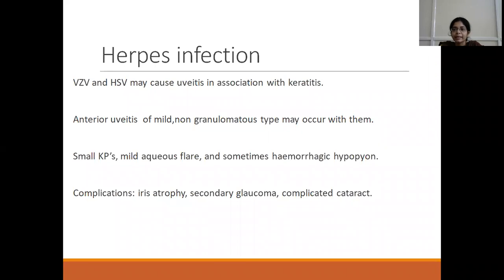But if there is a very active geographic ulcer or dendritic ulcer which is staining positive for fluorescein, you would not use steroids until there is epithelial healing. Otherwise, the ulcer would progress very rapidly in the cornea. So be very cautious about treating a herpetic uveitis when there is an active corneal ulcer present.